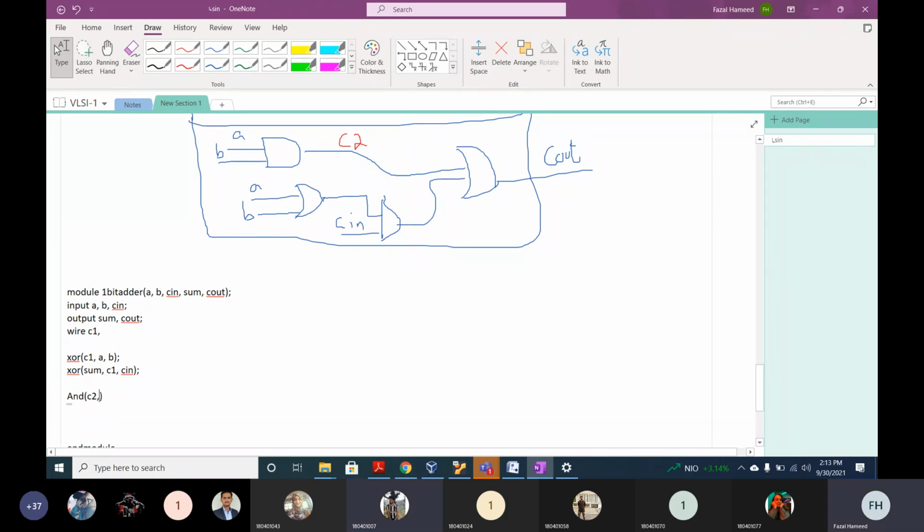Inputs are A and B. Okay. We can call another signal C3. How can I write a code for this? OR, C3, comma A, comma B.